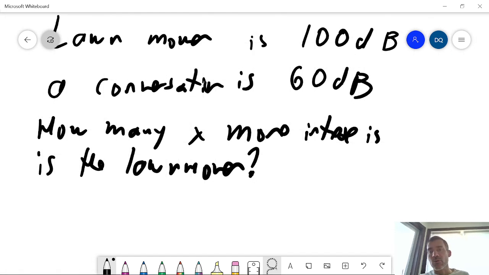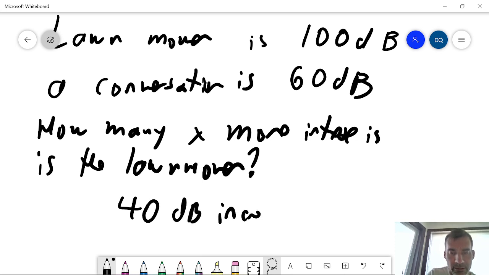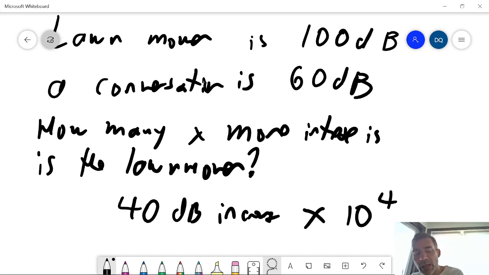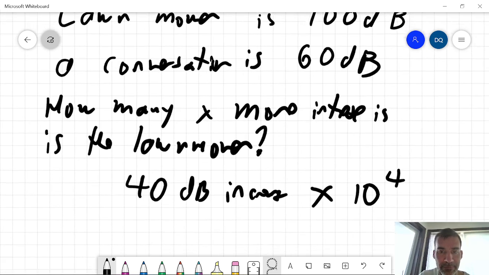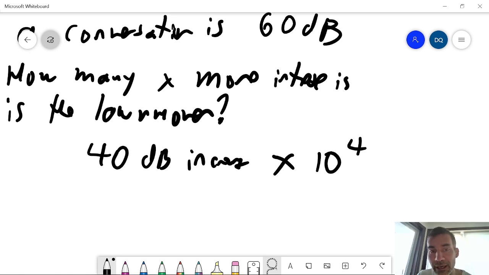Okay, so we have an increase of 40 decibels. A 40 decibel increase means you're going times 10 to the 4. You see, you multiply by 10 for every 10 decibels. If you go up by 40 decibels, you multiply by 10 repeatedly, 4 multiplications by 10, or 10,000.